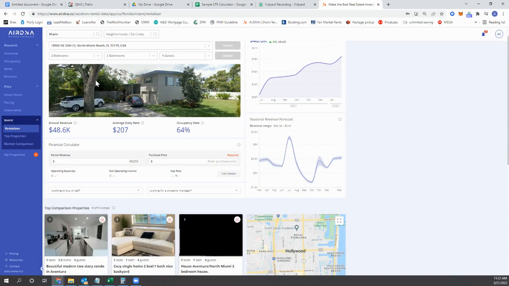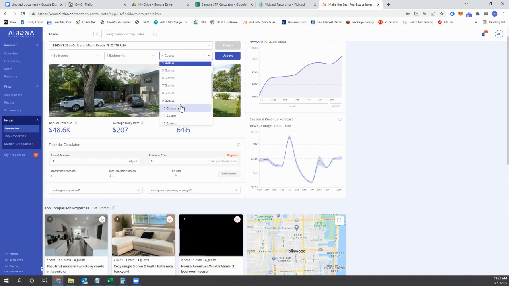Go. Okay, so this is a 4-bedroom, 4-bath, and if it's a 4-bedroom, typically I say 2 per bedroom, and then an additional 2 for any couch sofas or futons or air mattresses, anything like that. So 4 bedrooms, 8 people, I'll go up to 10.